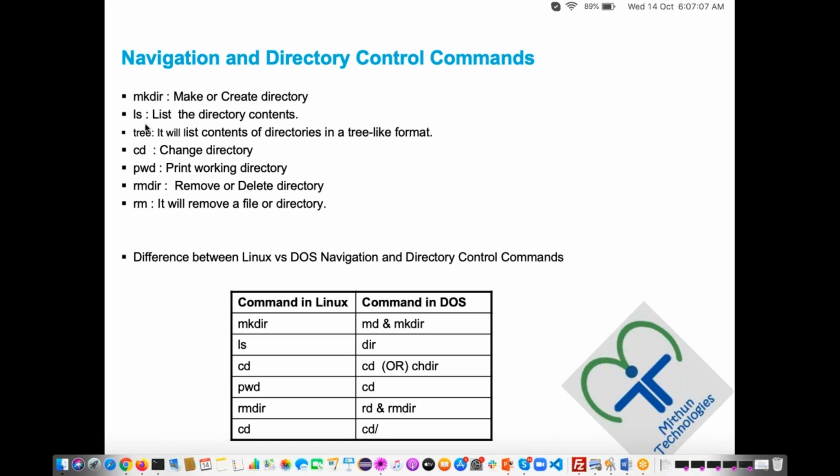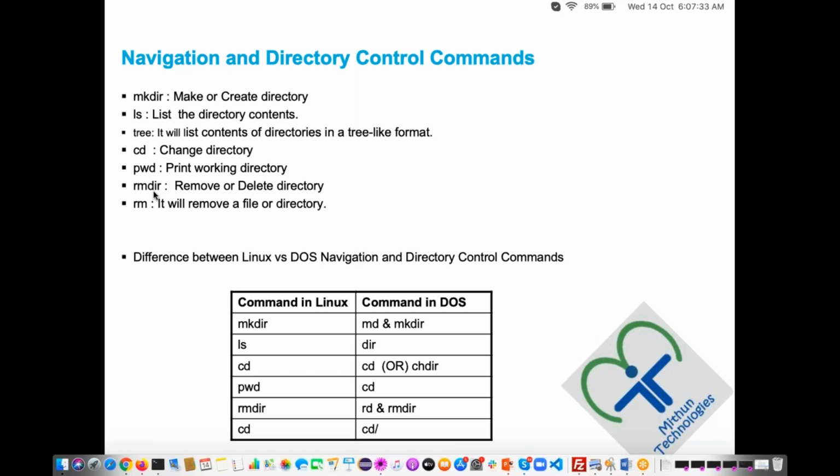Okay, so in the last class, we discussed the mkdir, ls, tree, cd, pwd, rmdir and rm commands, and yum for installing packages, right? The rmdir command we use for deleting empty directories.